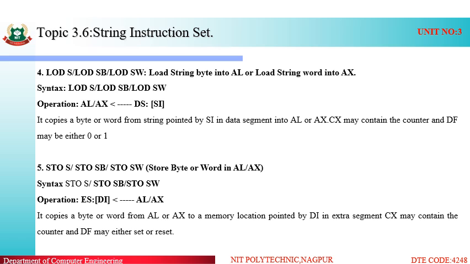So it copies a word or a byte from AL or AX to a memory location pointed by DI. Why is DI used? Because DI is the destination index. SI is the source index.